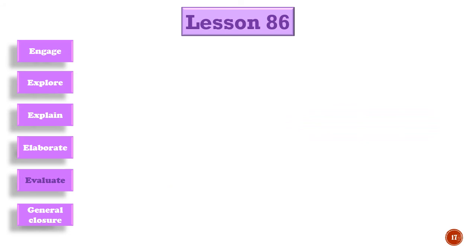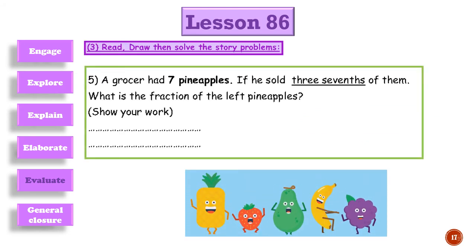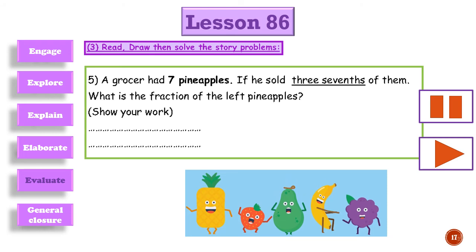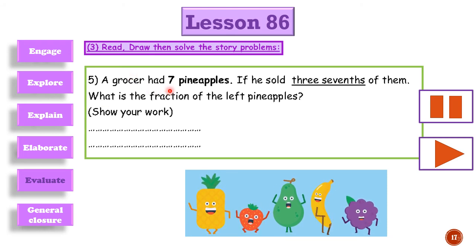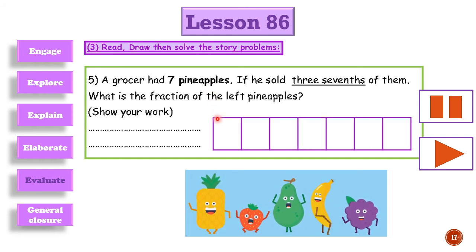Now let's evaluate these exercises. Read carefully. First, press pause, then press play to listen to our explanation. Here we have, a grocer had 7 pineapples. Before you continue reading, yes, draw your model. Draw a shape divided into 7 equal parts.